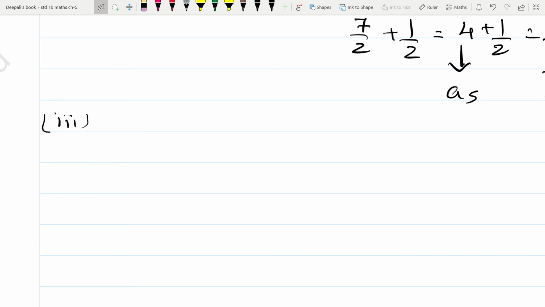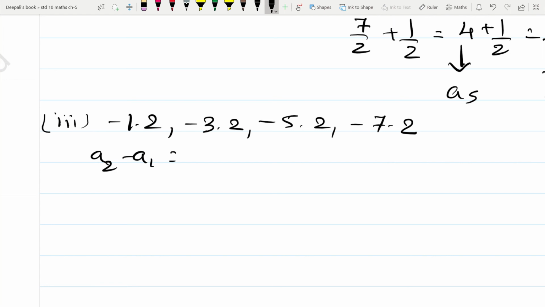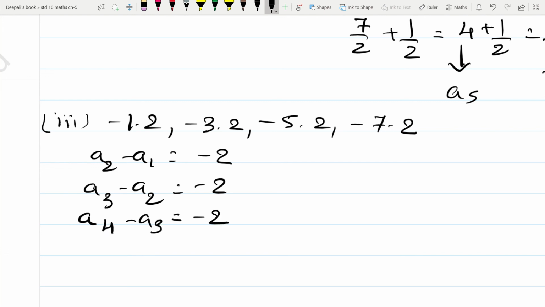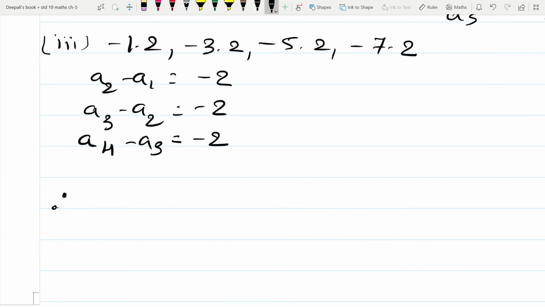Now A2 minus A1 is equal to minus 2, A3 minus A2 is minus 2 and A4 minus A3 is minus 2. Therefore, it is an AP.